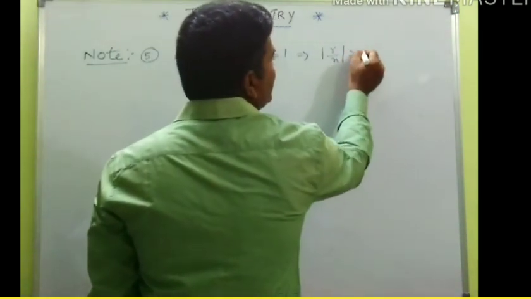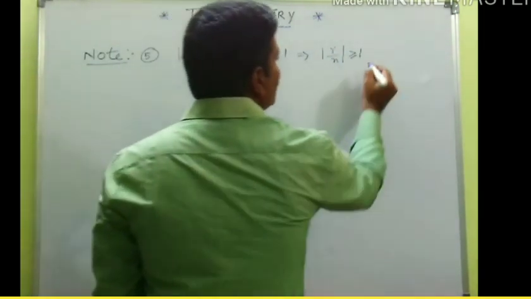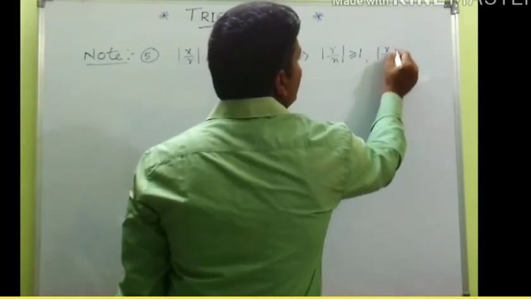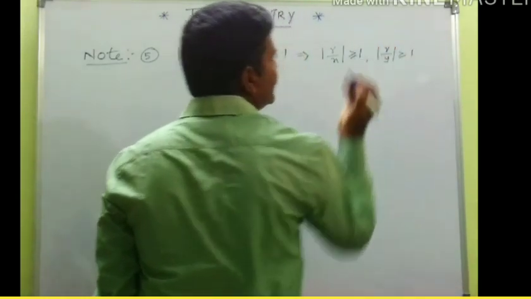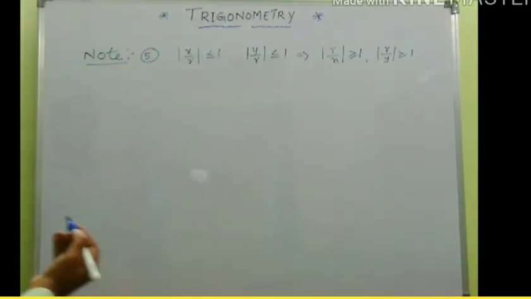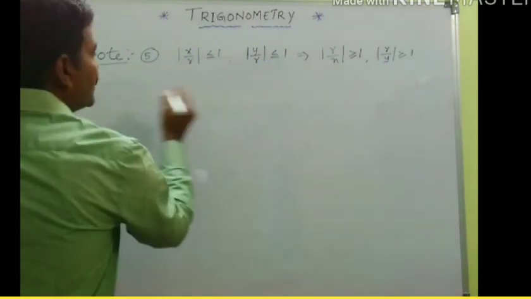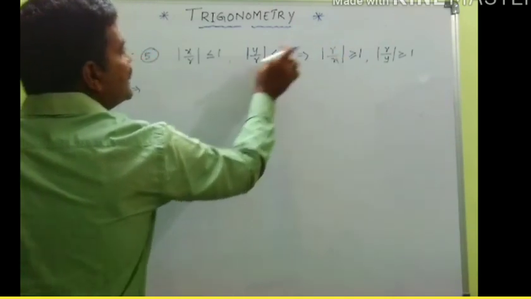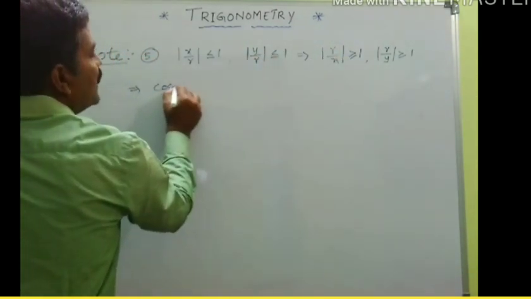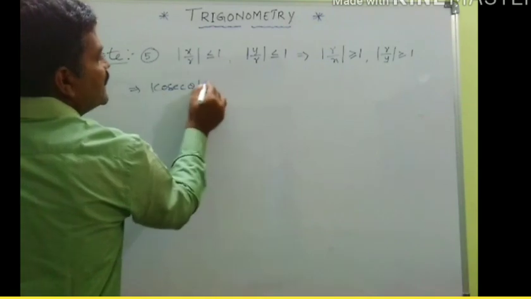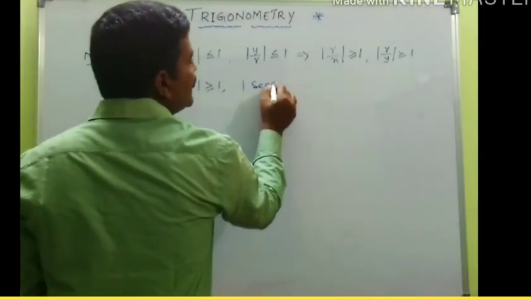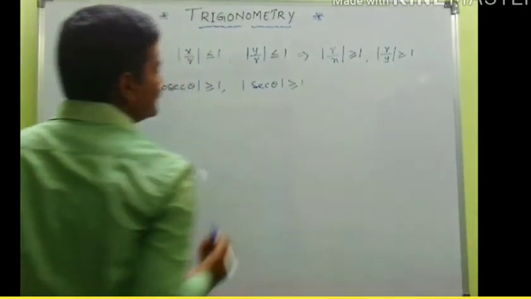Less than or equal to becomes greater than or equal to. Similarly, modulus of r by y is greater than or equal to 1. What is r by x? R by x is secant theta, and r by y is cosecant theta, sorry. So modulus of cosecant theta is greater than or equal to 1, comma, modulus of secant theta is also greater than or equal to 1.